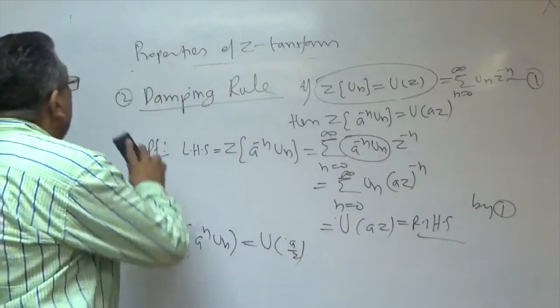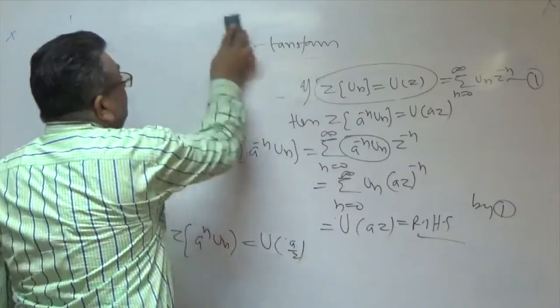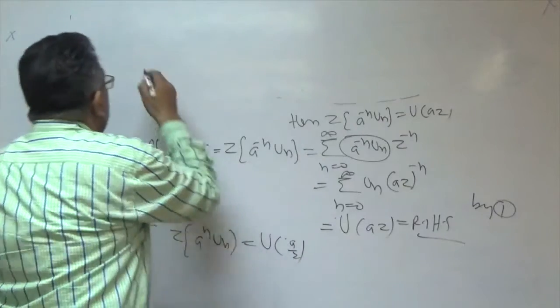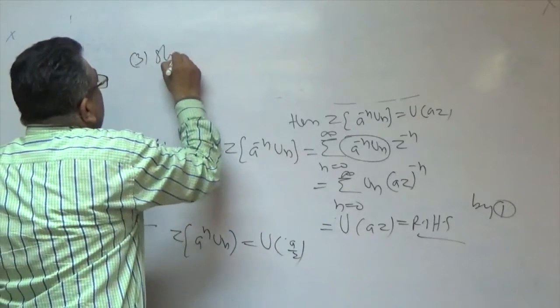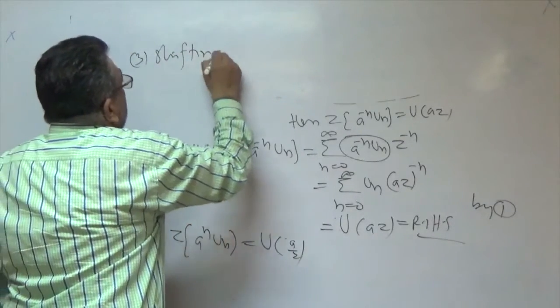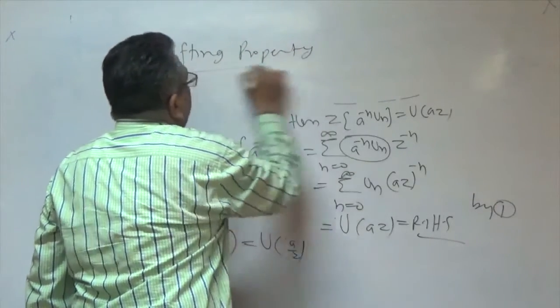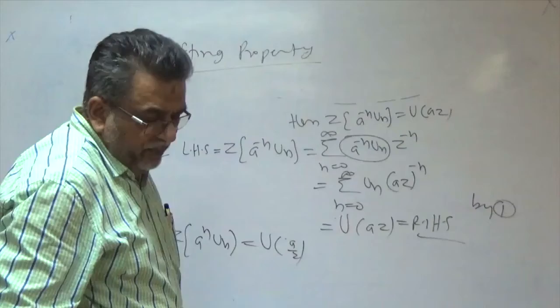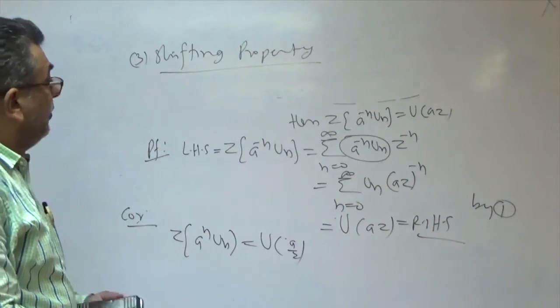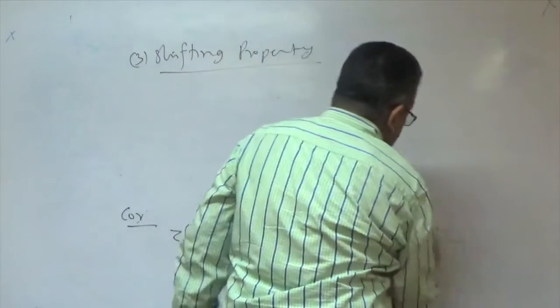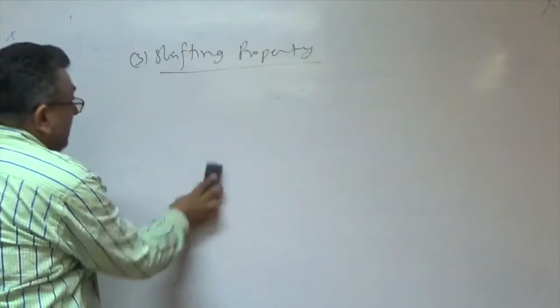Now, the third property, that is the shifting property, or you can say shifting theorem. What is the statement, and what is the verification or proof of this property?